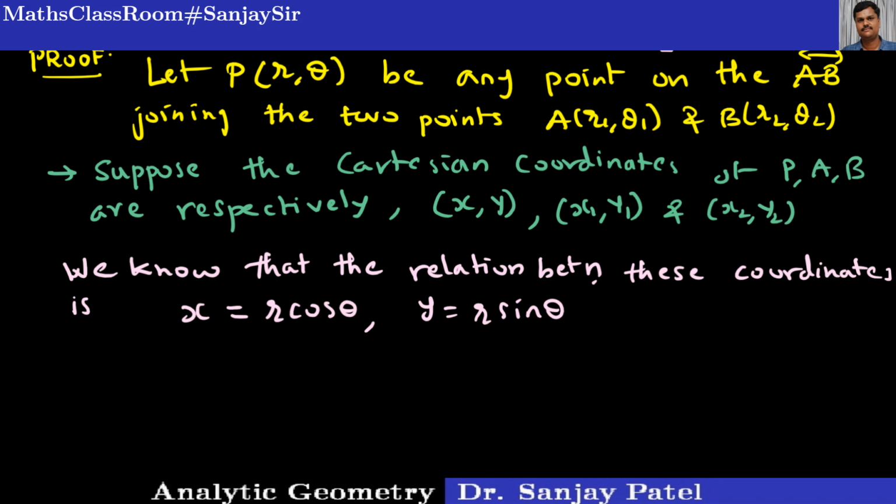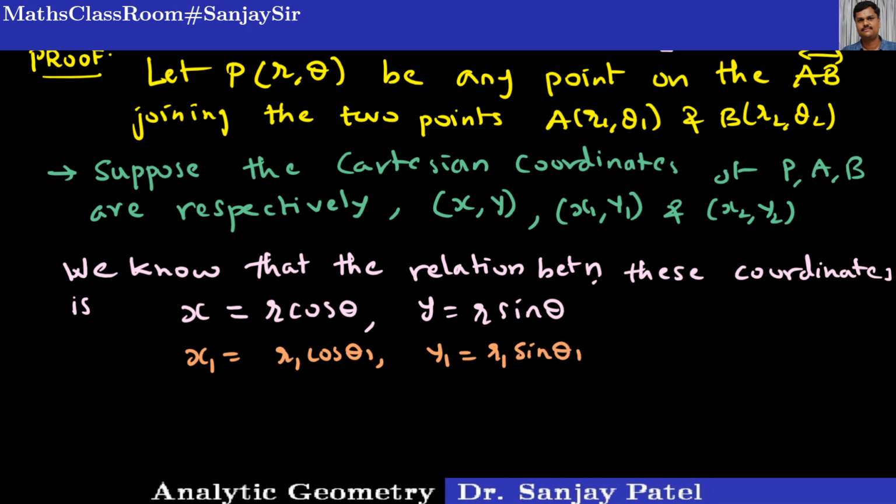Okay. We also know the relation between x1, y1 and r1, theta 1 is given by x1 is equal to r1 cos theta 1 and y1 is equal to r1 sin theta 1.